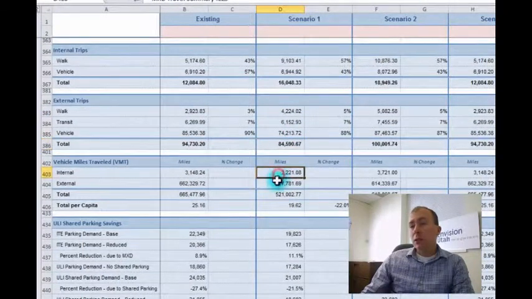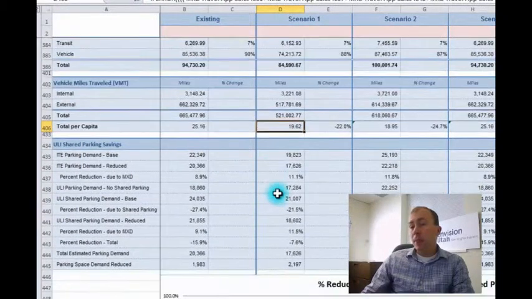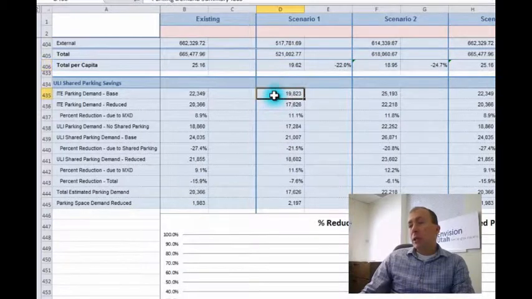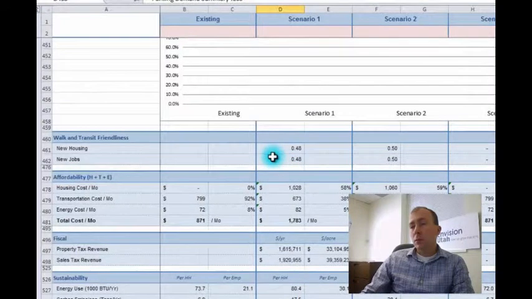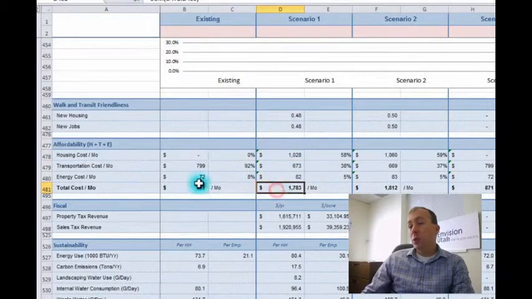It looks at the vehicle miles traveled, or VMT, in terms of internal trips and external trips. It also gives us a per capita number. It looks at parking and the ULI shared parking savings. It gives us an affordability in terms of housing plus transportation plus energy in one total number.